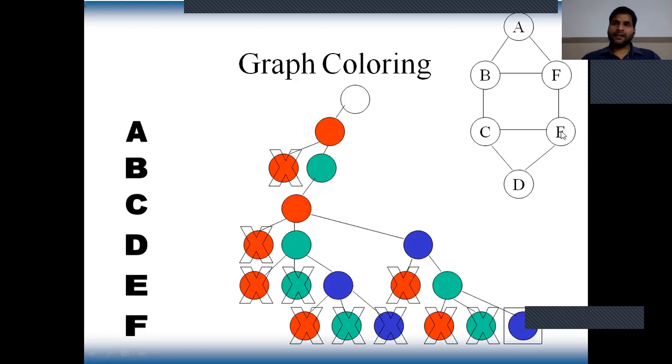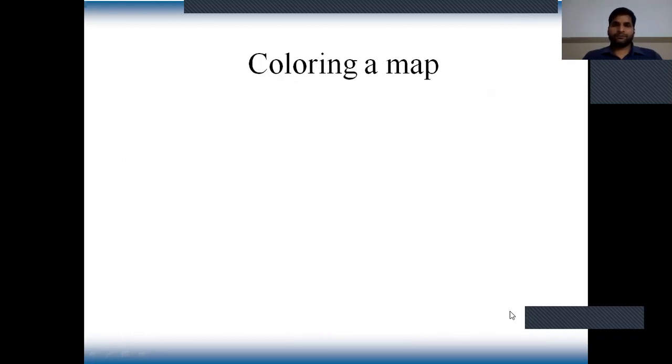After applying green to node E, the options for F are three colors: green, orange, and blue. But we cannot apply orange and green because they are adjacent nodes. Then we apply blue. So this is the solution of the state space tree diagram of the graph coloring problem.